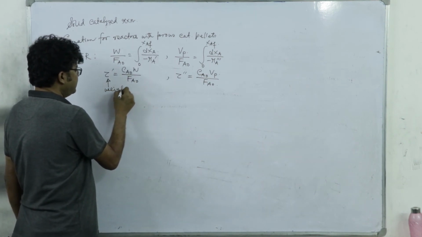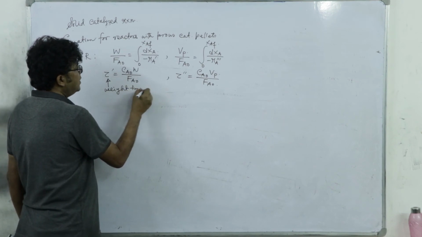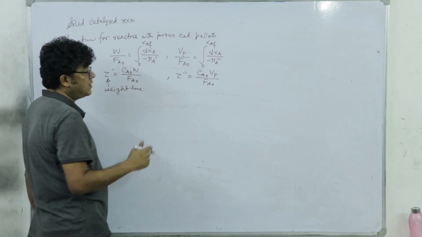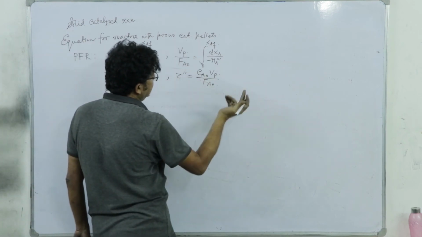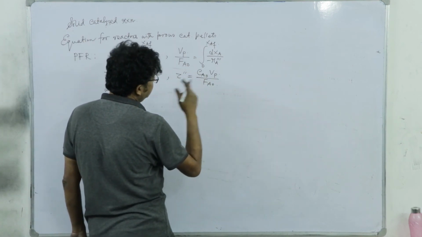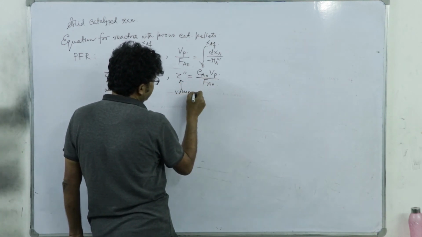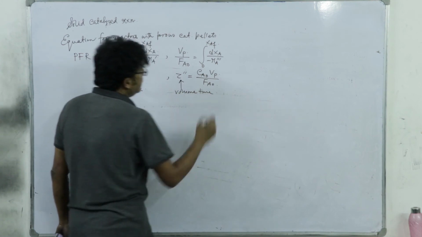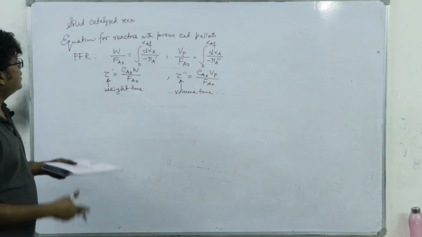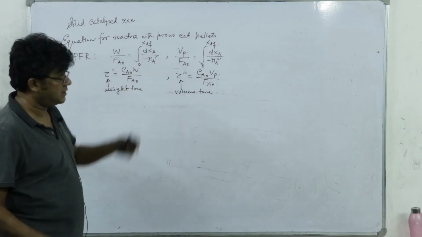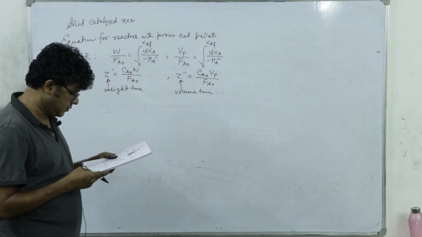Why? Because our basis has changed from the volume of the reactant to the weight of the catalyst, and here from the volume of the reactant to the volume of the pellets. That is why it is called volume time. Whatever the reaction, we can substitute here, integrate and get the respective design equation.